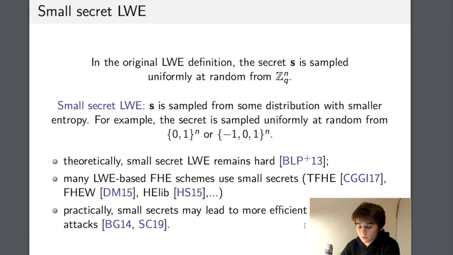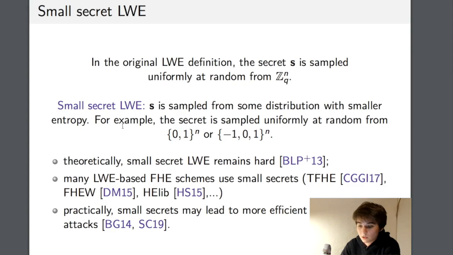In this work, we consider a variation of LWE called small secret LWE. In the original definition of the LWE problem, the secret S was chosen uniformly at random from the set of all n-dimensional vectors over integers modulo some huge number q. In the small secret version, the secret S is sampled from a distribution with smaller entropy.